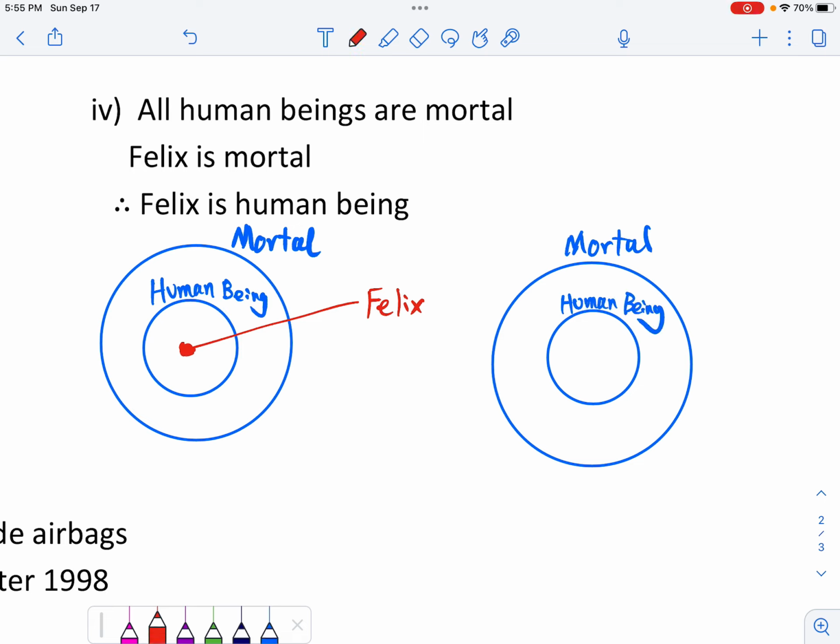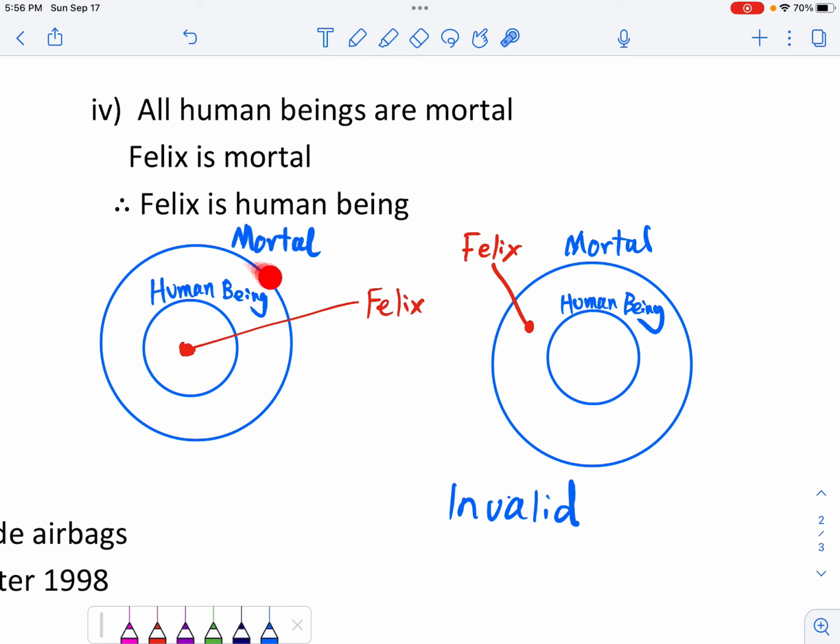So if Felix is mortal, so Felix is inside this model, so we can certainly, this is one possibility, right? So Felix is here, and then you can see that Felix in this case is not inside a human being, so therefore it actually is invalid. So here's the idea.